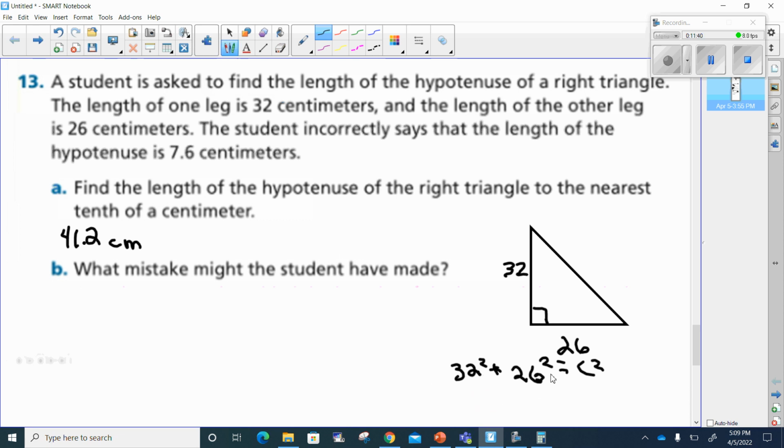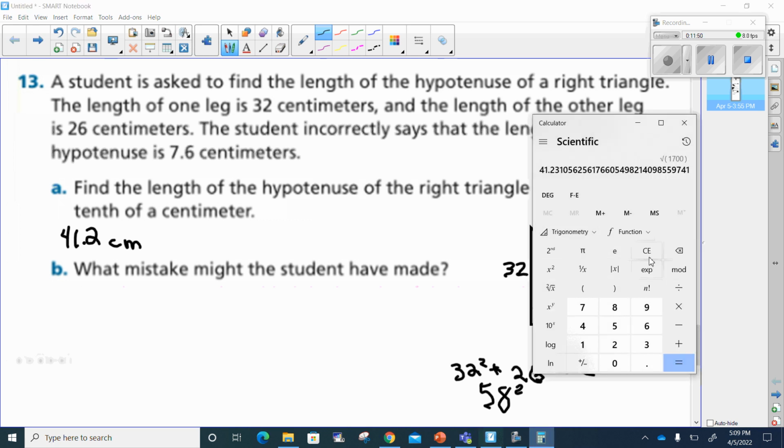I think they took 32 and 26 and got 58 squared. Let's see what happens now. 58 squared would give us 3,364. And when we find the square root of that, that is not going to be it.